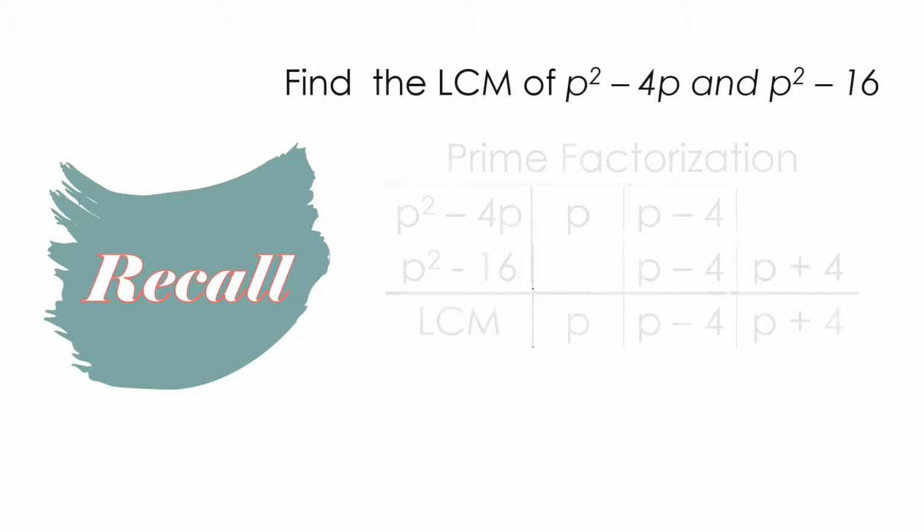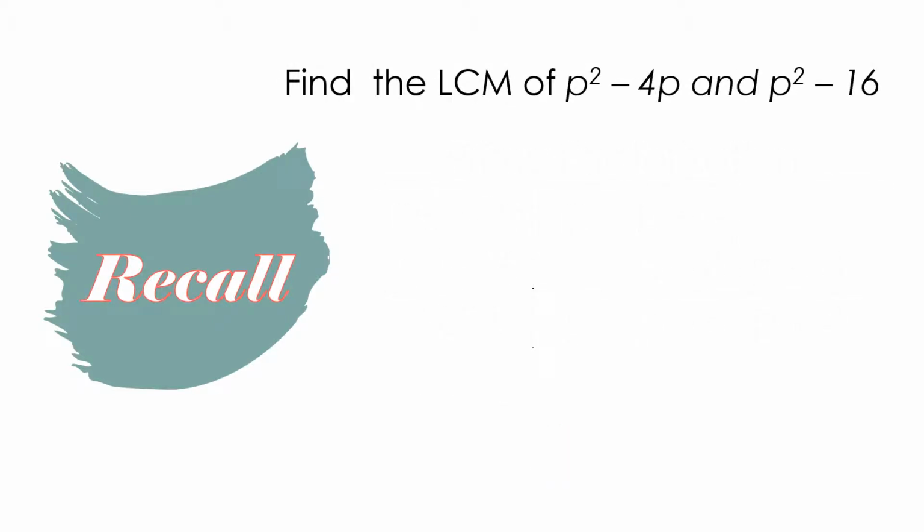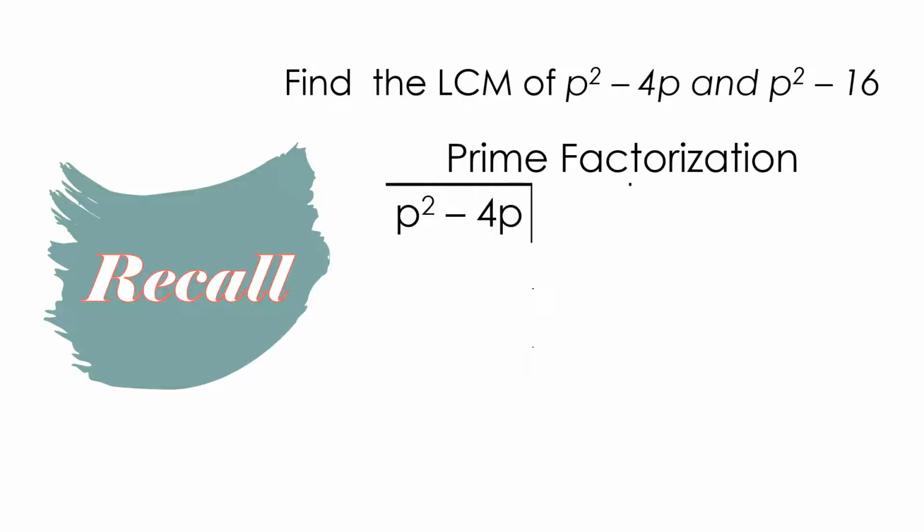Another example: find the LCM of p squared minus 4p and p squared minus 16. Using the concept of prime factorization, we have first p squared minus 4p. As we can see, p squared minus 4p is taken as one term. Now investigate if we have a common factor of p squared and negative 4p.